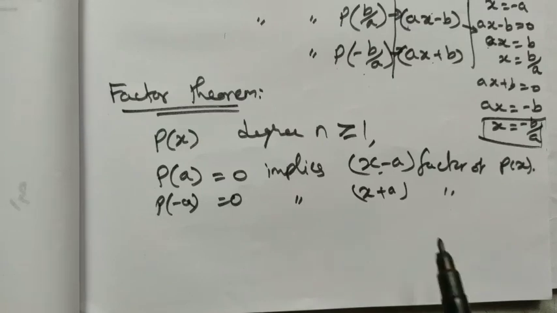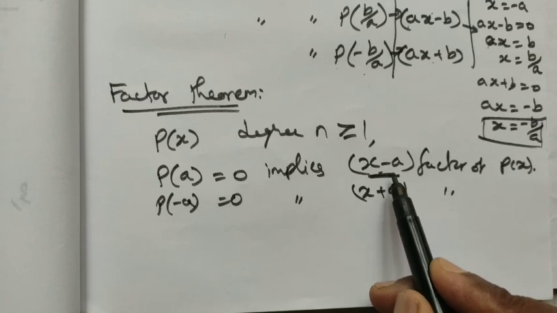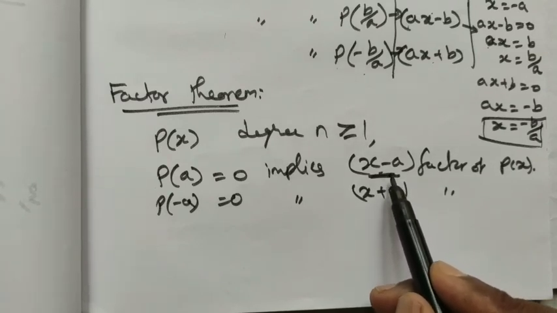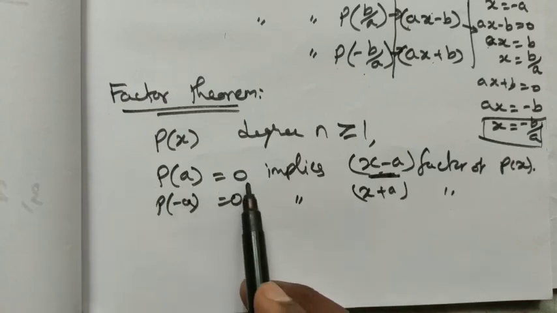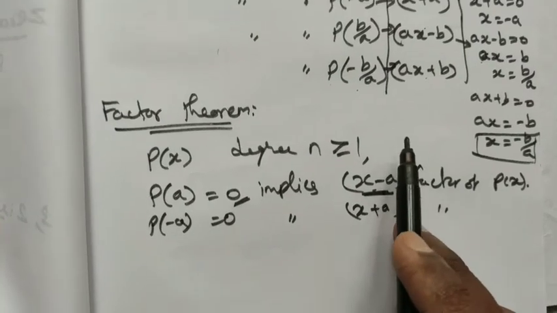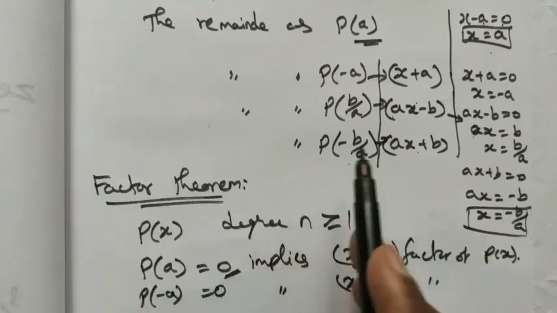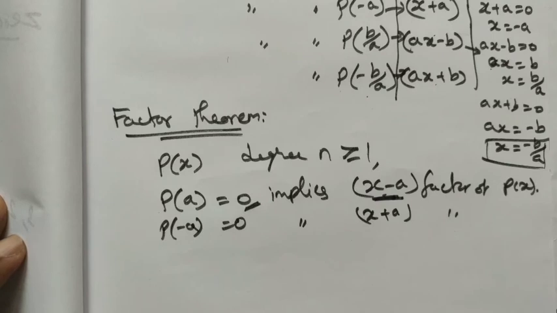Now clearly understand what value we are applying here. The linear term is called a factor, and when we apply that value the polynomial becomes 0. That is the condition. This is called the factor theorem. The factor theorem is the vice versa of the remainder theorem. Thank you, students.